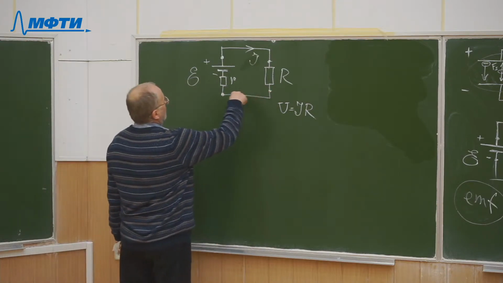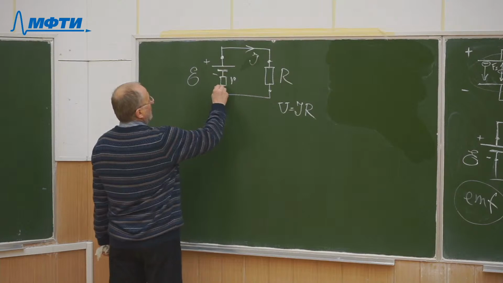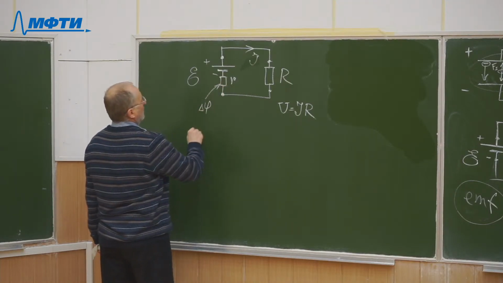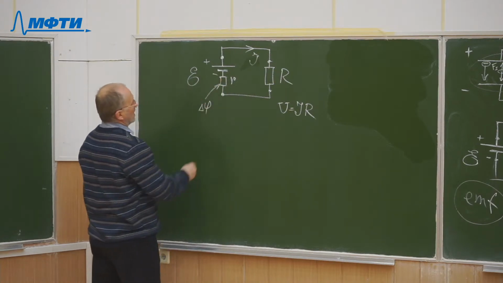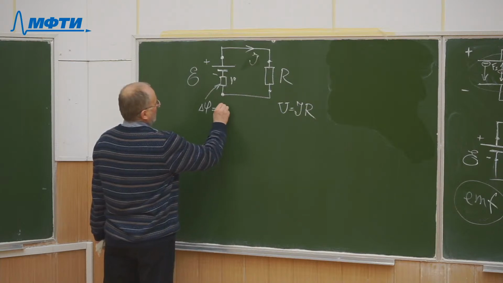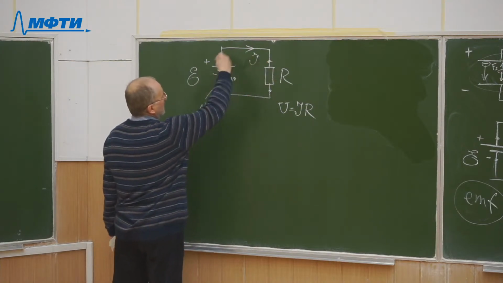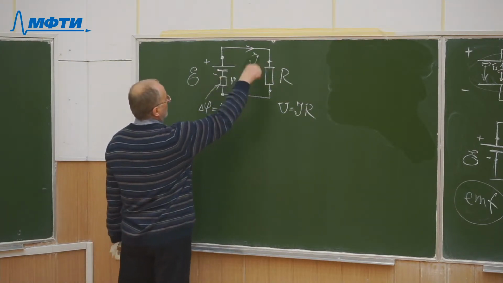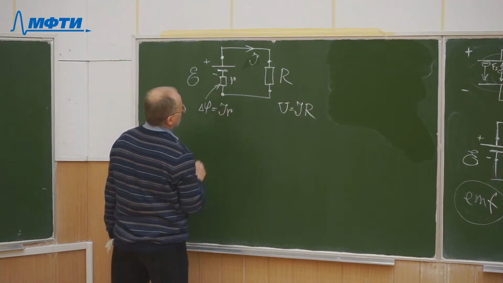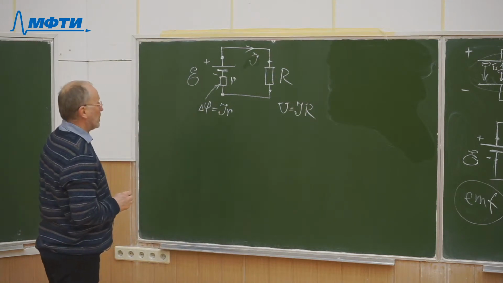And also the potential difference on this internal resistance of the battery will also be defined by Ohm's law. It will be the current, and the current is the same in any point of such a closed circuit, the same current times the small resistance of the battery.